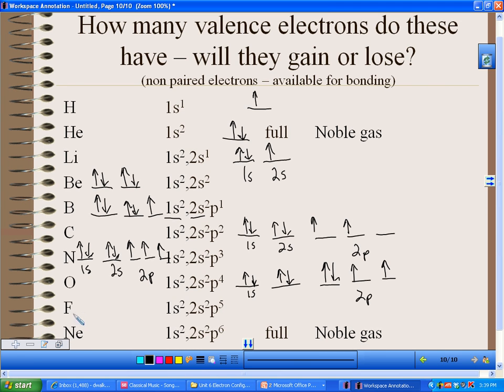All right, let's look at fluorine. 1s, 2s, 3 sublevels on the 2p. So there's a filled up 1s, a filled up 2s, electron, electron, electron. So that's 7 so far. Here's the 8th one. And looks like I need a 9th one.